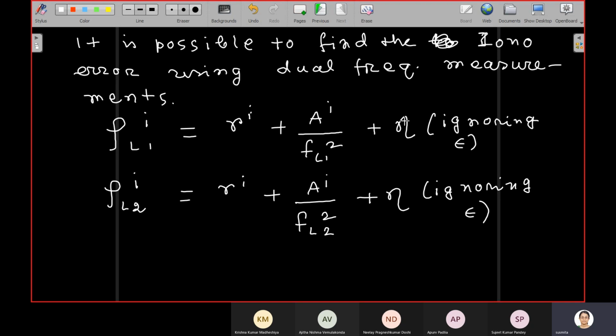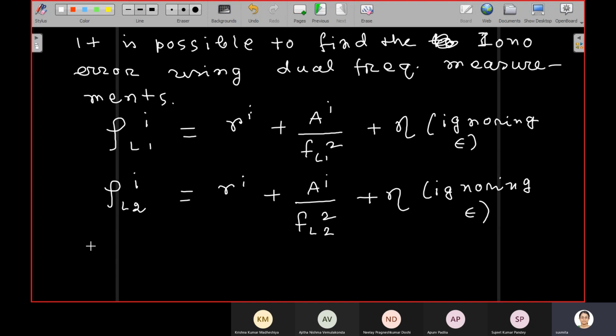So if we subtract L2 measurement from L1, this will cancel. Theta will also cancel. We are ignoring epsilon, so we will not consider epsilon anymore. Theta cancels, R cancels. So the only difference is caused by this term, right?